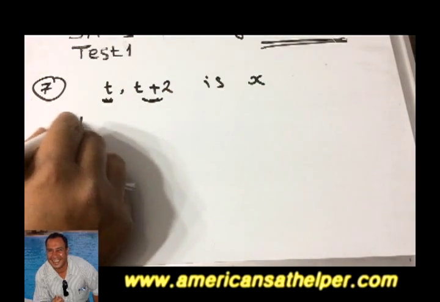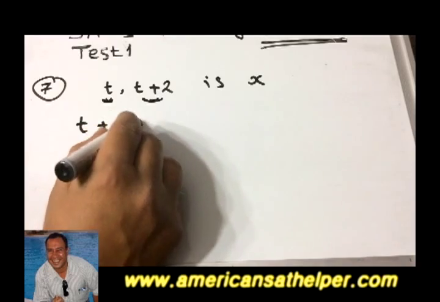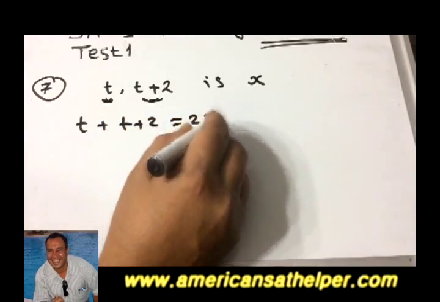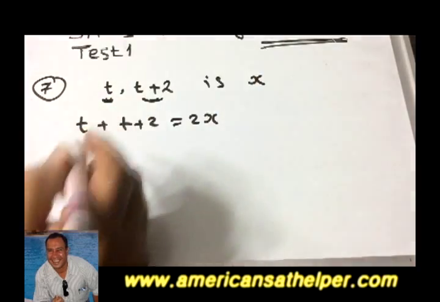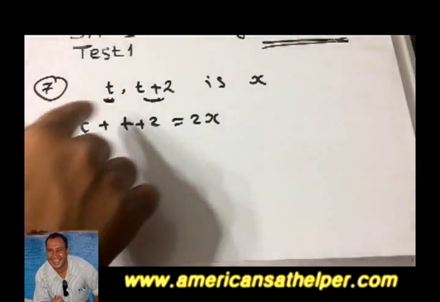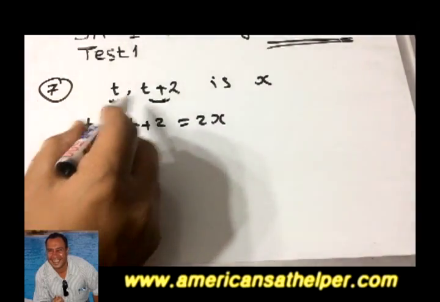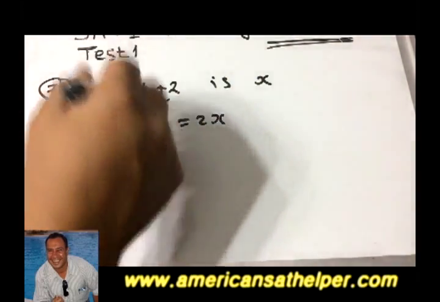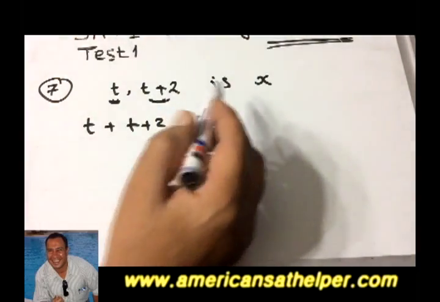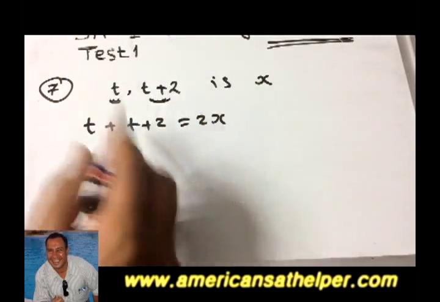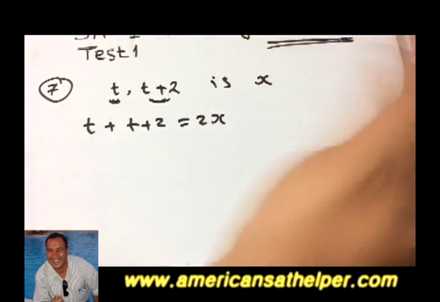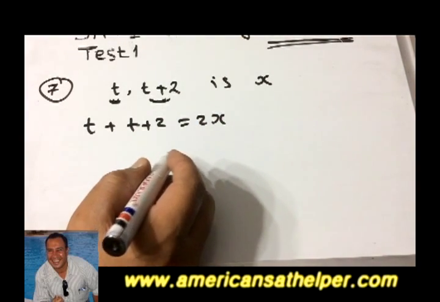If we have 3 values, then the sum will be 3x. If we have 4 values with an average of x, then the sum is 4x, and so on. This is the concept.